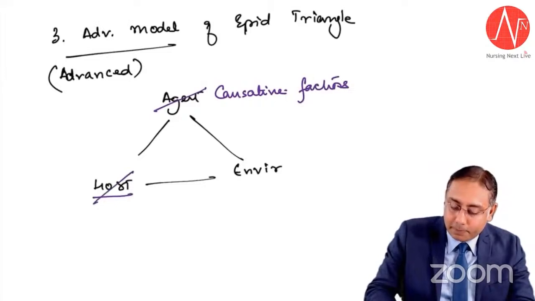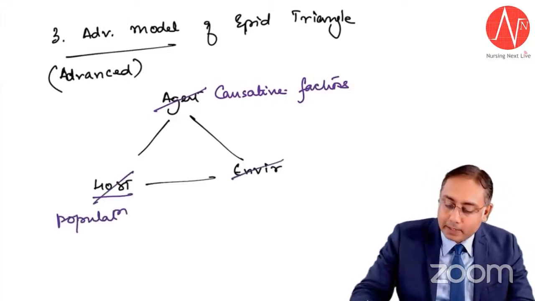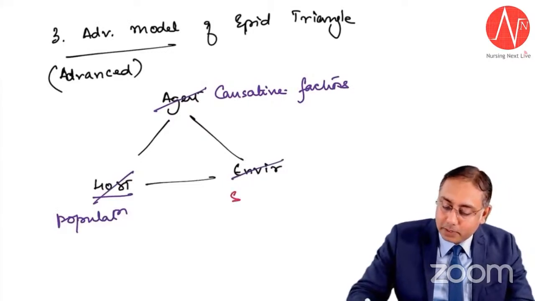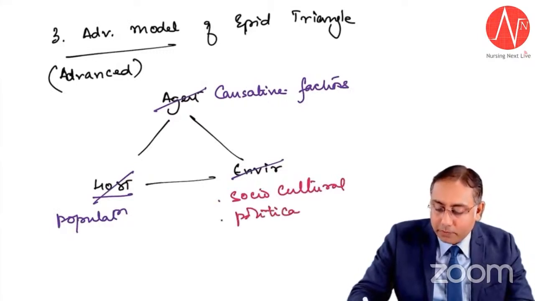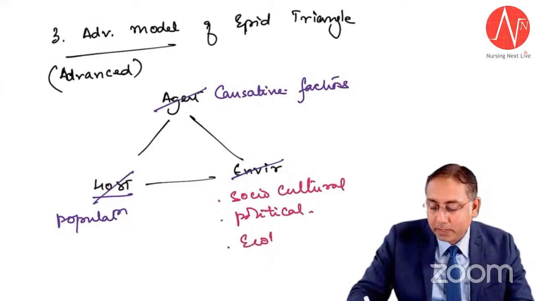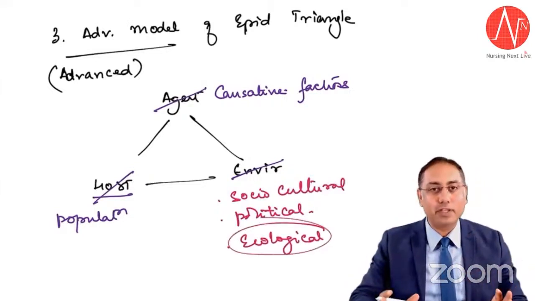Then the host factors, you replace with the population factors, and the environmental factors, you replace with the socio-cultural factors, political factors, and in one word, ecological factors. Ecological would include almost everything.